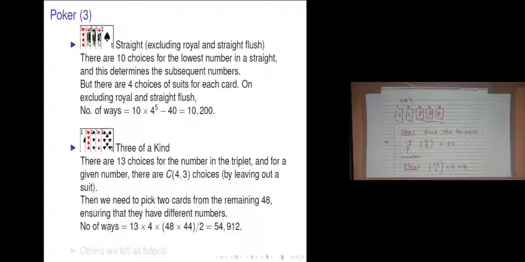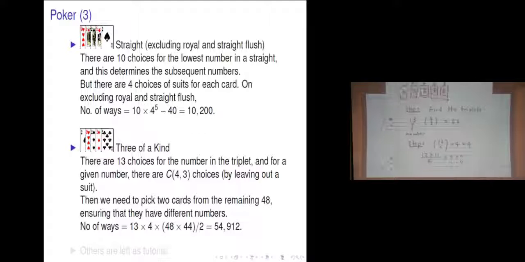Okay? So what is this then? This is this times this divided by 2 factorial times 4 times 4, right? This is this number.